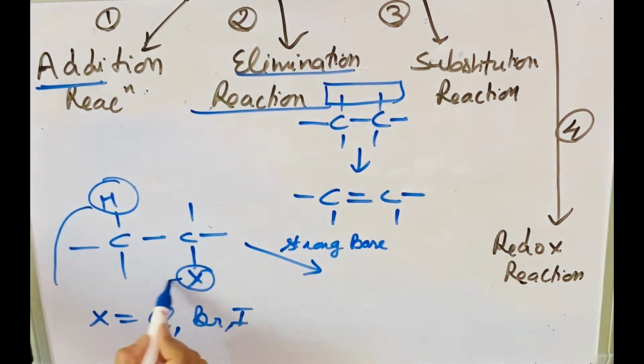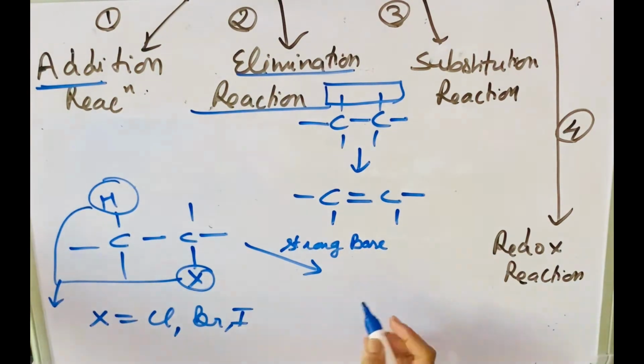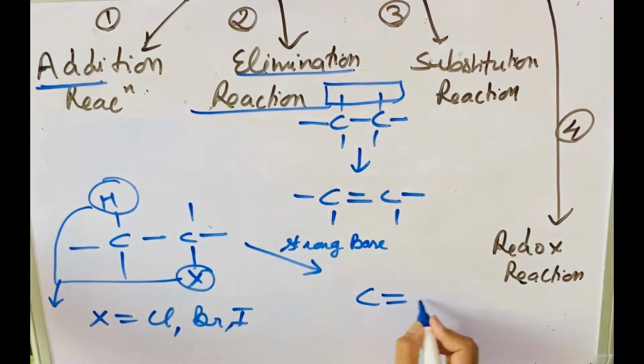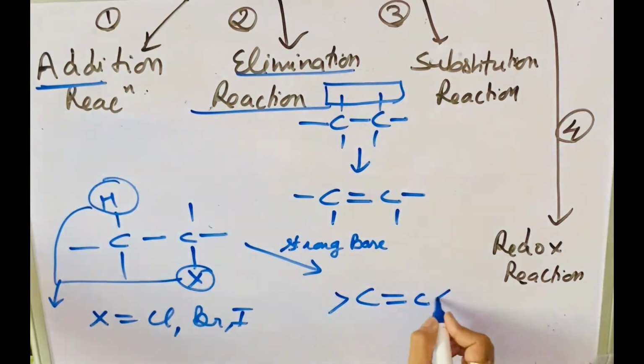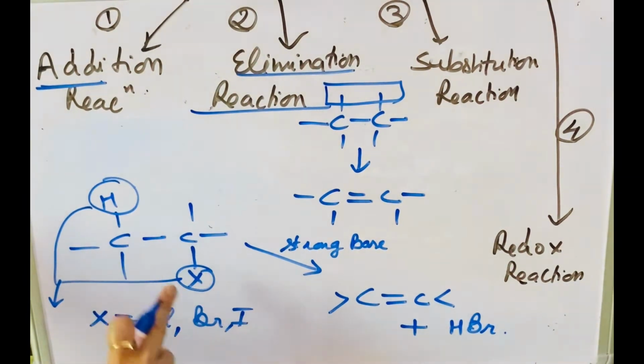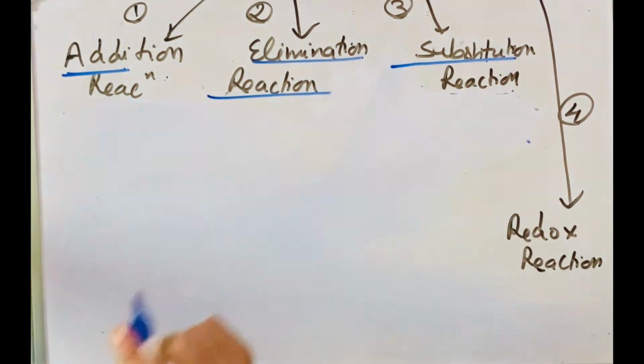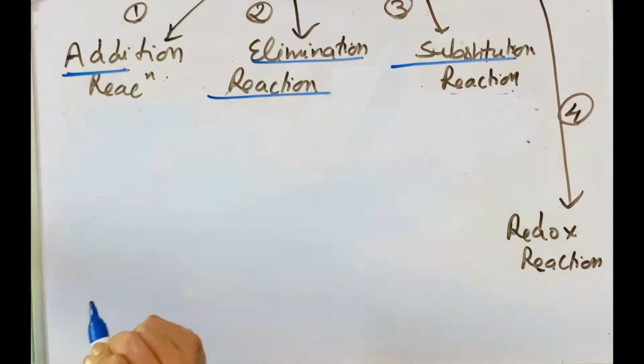So these two are eliminated and then there is a formation of a carbon-carbon double bond. Along with that, hydrogen bromide is released. As there is an elimination of elements, this type of reaction is called elimination reaction.